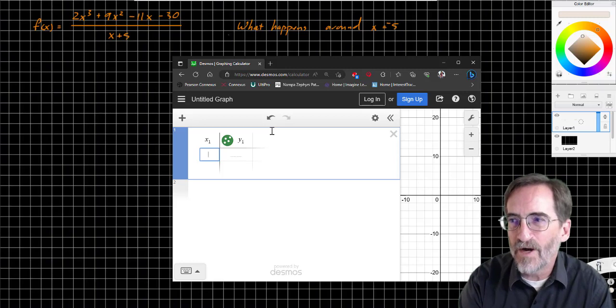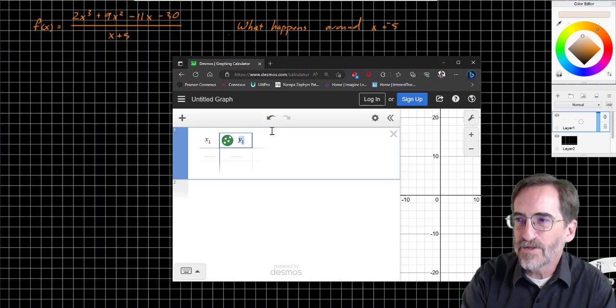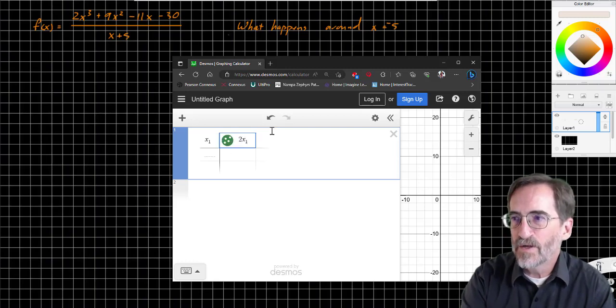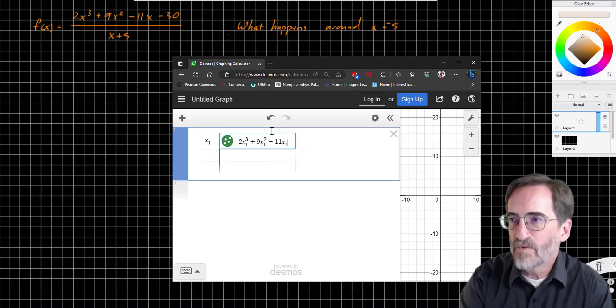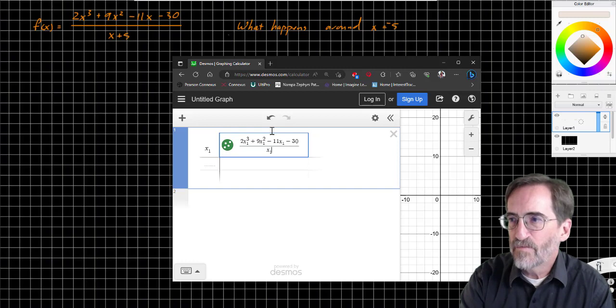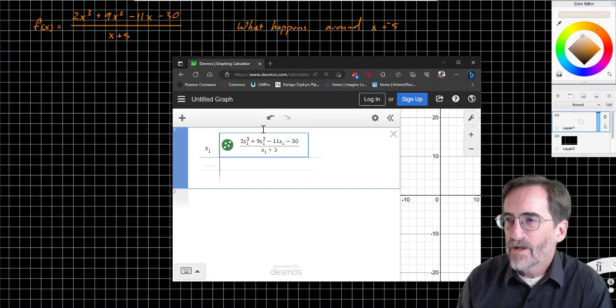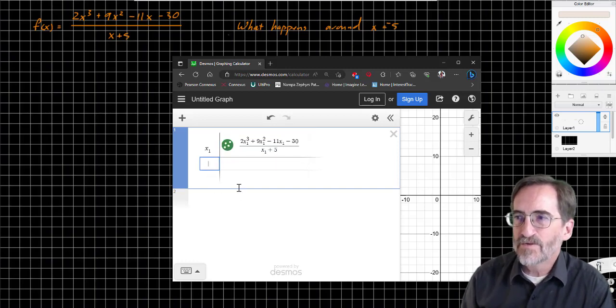If I put in 5, it's not going to work here. For the output, I'm going to do 2x1 cubed plus 9x1 squared minus 11x1 minus 30, all divided by x1 plus 5. There we go. Now I'm going to put in some values.